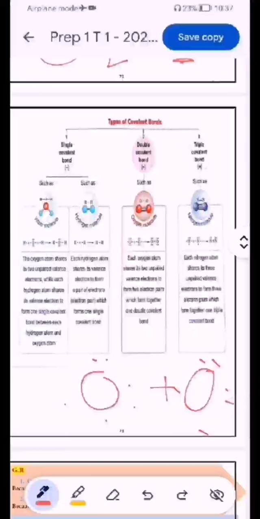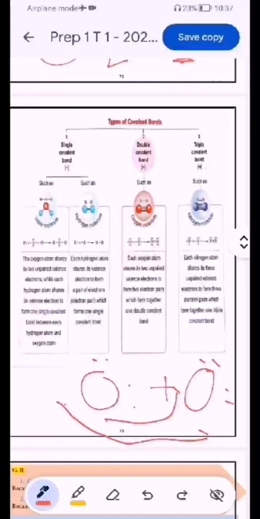There are two unpaired electrons. So one covalent bond occurs between this pair of electrons and the other covalent bond occurs between these two. So we have two dashes, two pairs of electrons. So that's called a double covalent bond.